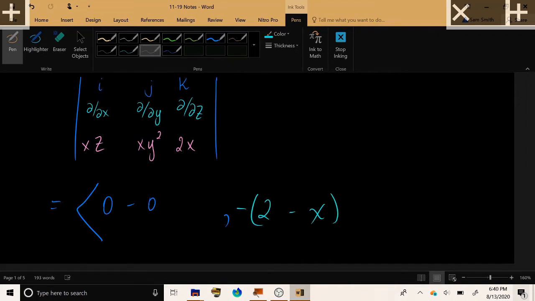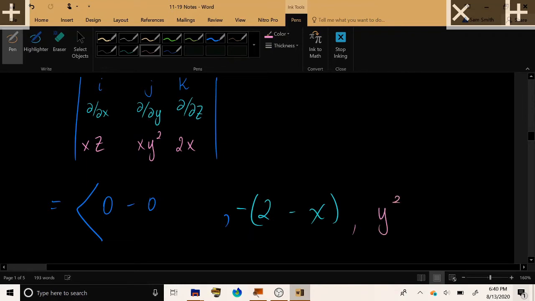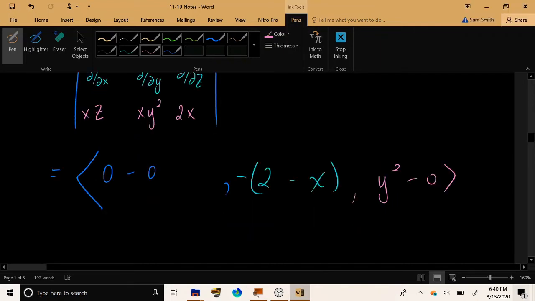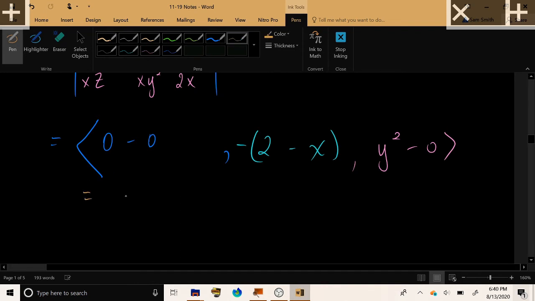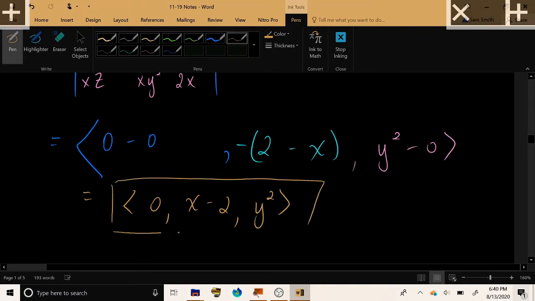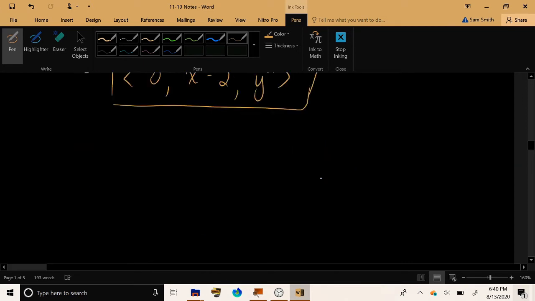And finally for k, we have partial x of xy squared, which is y squared, and subtract partial y of xz, which is 0. So after a little bit of tidying, we obtain the vector 0, x minus 2, y squared. That vector is the curl of f.